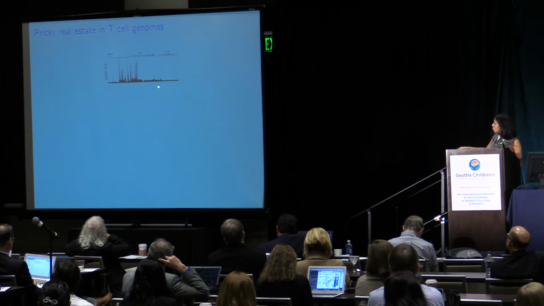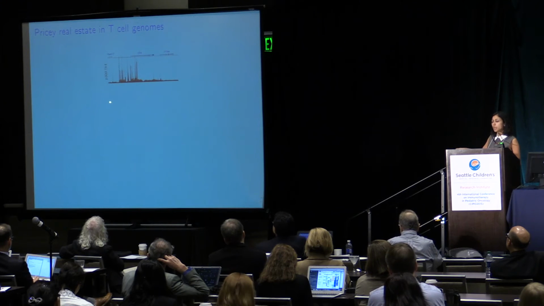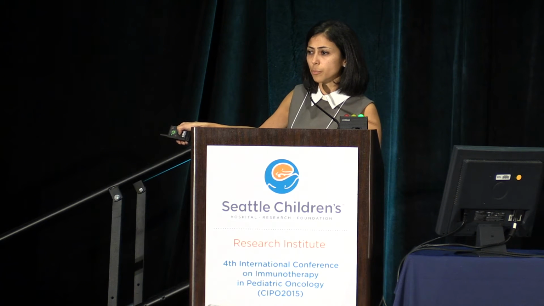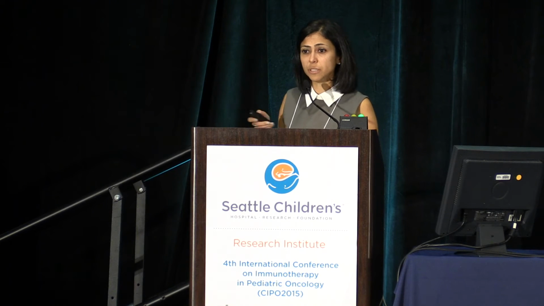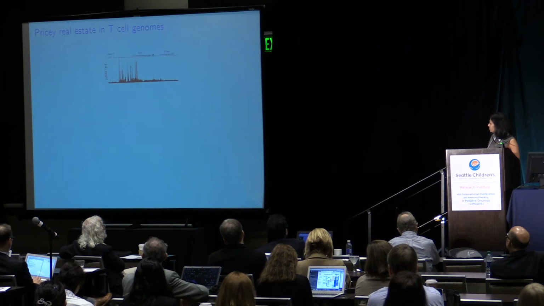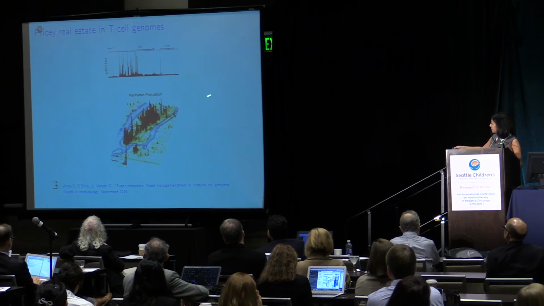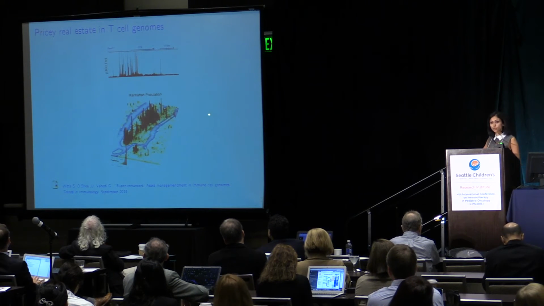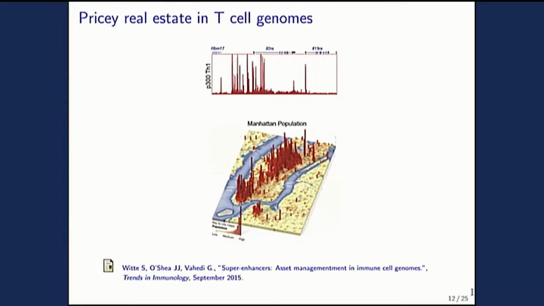And also these regions were a cluster of regulatory elements. There were many regulatory elements, again profiled by these P300 bindings, side by side in the vicinity of these important genes that we know are key players in T-cell biology. This was very similar to the map of the population of Manhattan, where we have this huge concentration of everything within this small piece of land.